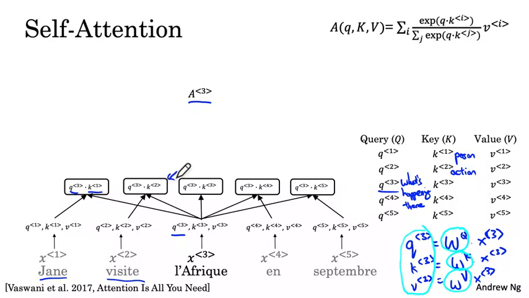And this maybe intuitive example might suggest that visit gives you the most relevant context for what's happening in Africa, which is that it's viewed as a destination for a visit.